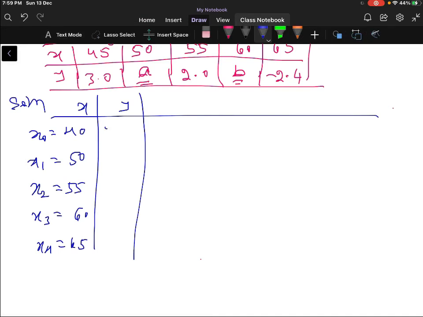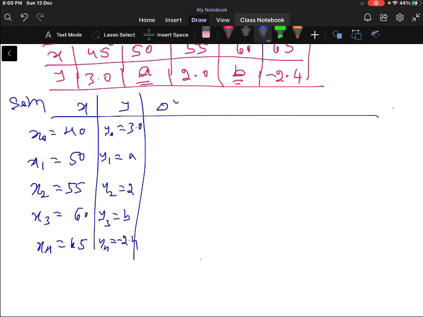The corresponding y0 is equal to 3.0. So y1 is equal to a, y2 is equal to 2, y3 is equal to b, and y4 is equal to minus 2.4.